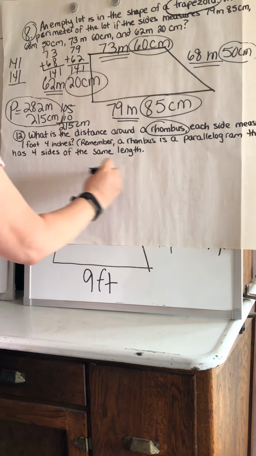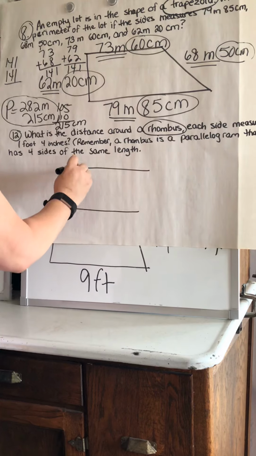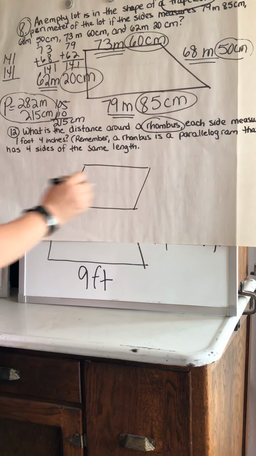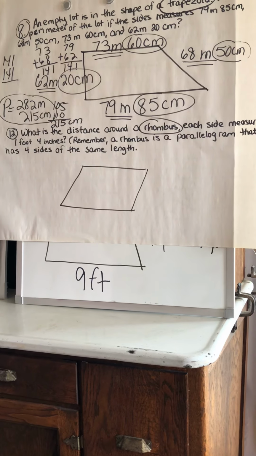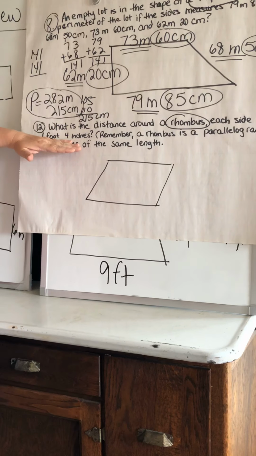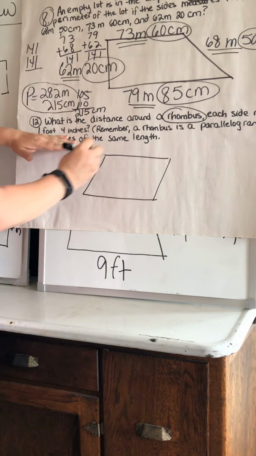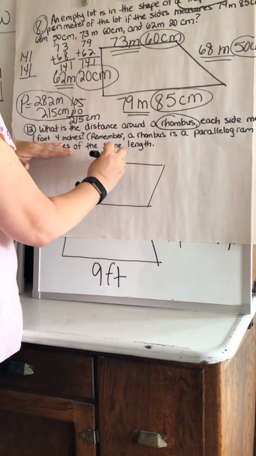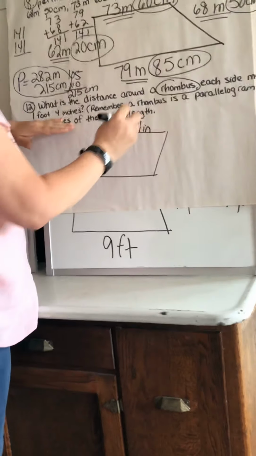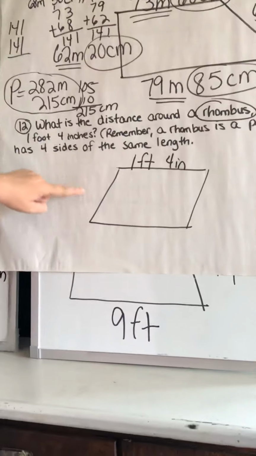All 4 sides are exactly the same. Okay? And remember, one side is 1 foot 4 inches. That means every single side is exactly the same.